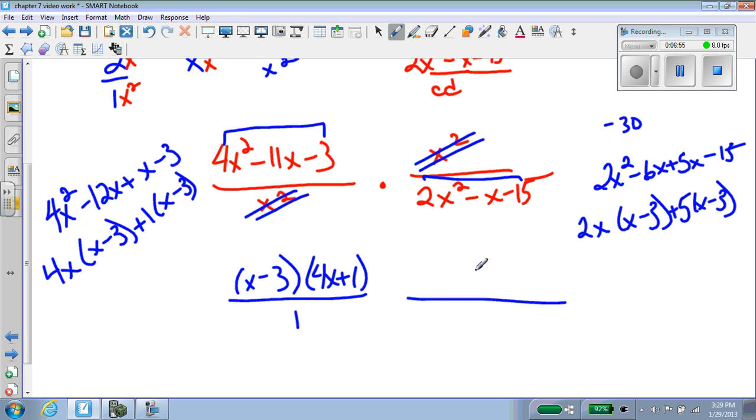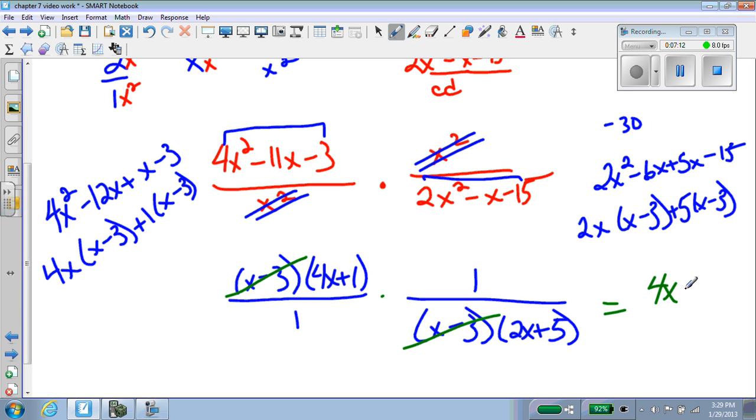So this denominator is x minus 3 times 2x plus 5. X minus 3, right? I'm multiplying. So my final answer is 4x plus 1 over 2x plus 5.